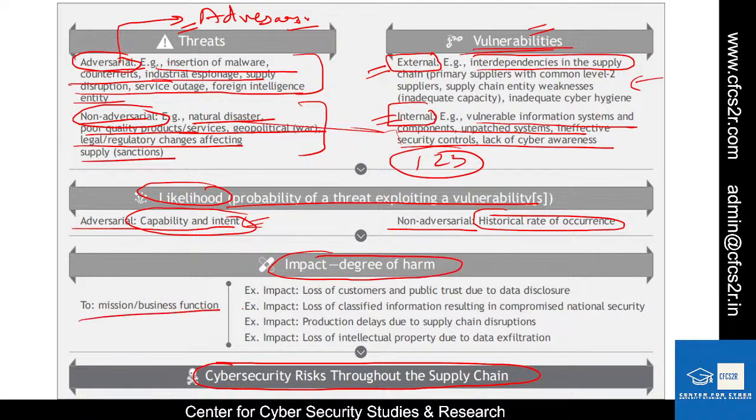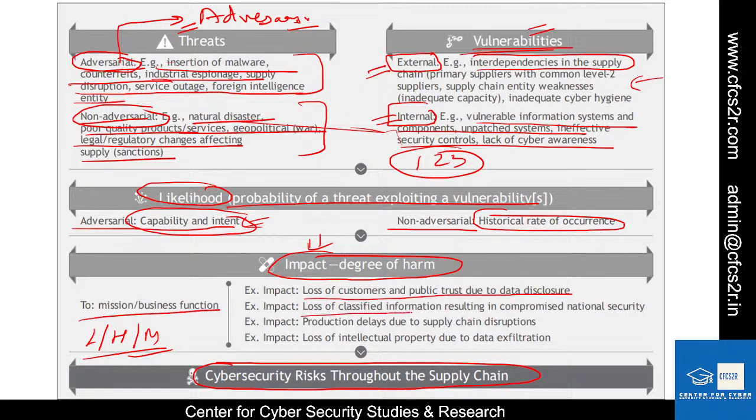To mission business critical functions or maybe non-business critical functions, these impacts need to be calculated. Sometimes it is a low impact, sometimes a medium impact, sometimes a high impact. Whenever we talk about low impact, there is a very small amount of data being breached and very little disclosure. But sometimes we have a loss of customer and public trust due to data disclosure.